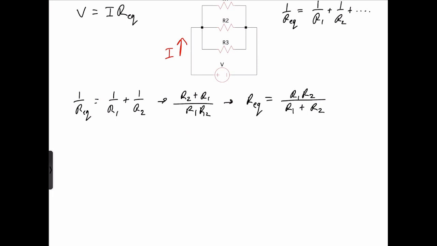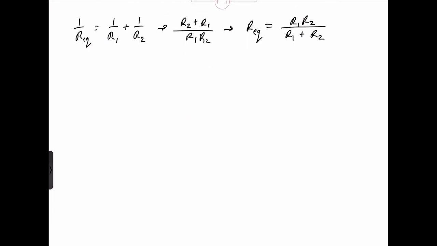So we can now combine 3 or more resistors in parallel, but at this time we're going to combine 3, because we have 3 for this circuit. To combine the 3, we can take a shortcut, and let's just go from scratch. We start from 1 over R equivalent, so that's 1 over R1 plus 1 over R2 plus 1 over R3.